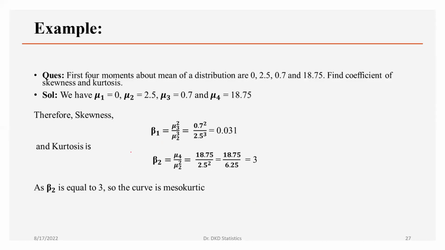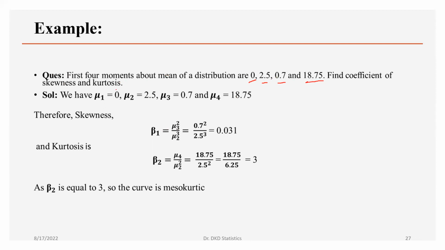So we have one example. The first four moments about the mean of a distribution are given: mu 1 is 0, mu 2 is 2.5, mu 3 is 0.7 and mu 4 is 18.75. Find the coefficients of skewness and kurtosis.